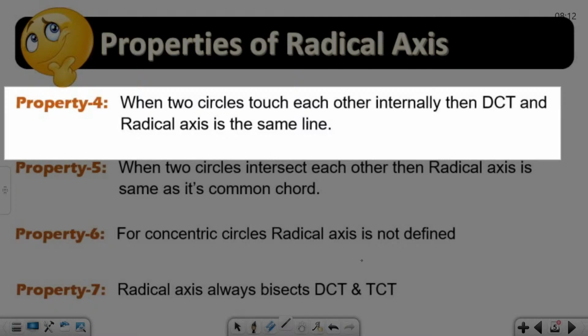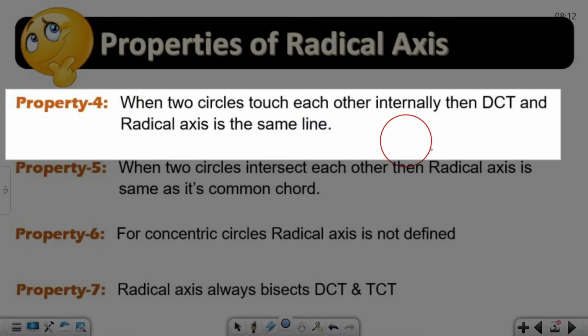The fourth property states that when two circles touch each other internally, that is, say this is one circle and this is another circle, they are touching each other internally, then their direct common tangent and the radical axis are the same line. Am I correct? They are the same line.